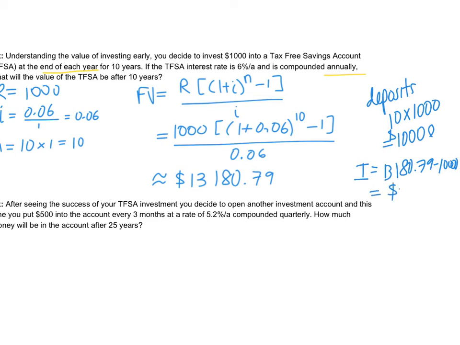So I ended up making about $3,180.79. And then we could write a therefore statement, but I've just run out of space. So therefore, after 10 years, the tax-free savings account will be worth $13,180.79.